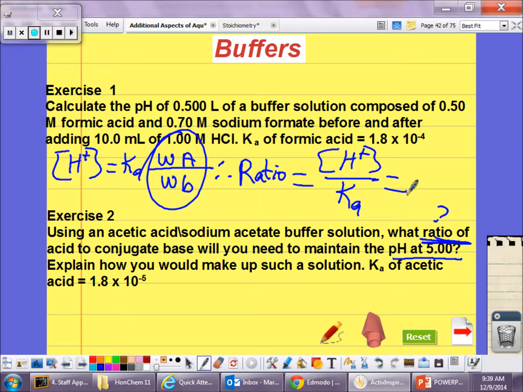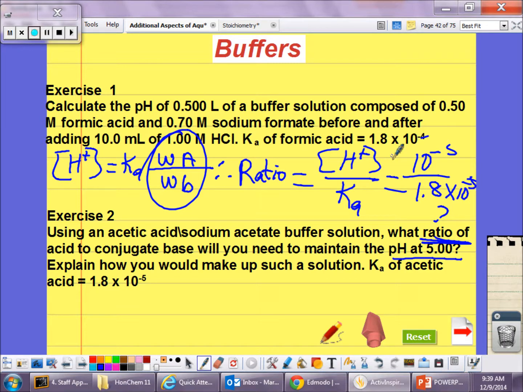And they give me pH. There's no problem. I can find H plus. It is 10 to the negative 5. It's not a big deal. Over Ka, which they gave me: 1.8 times 10 to the negative 5.